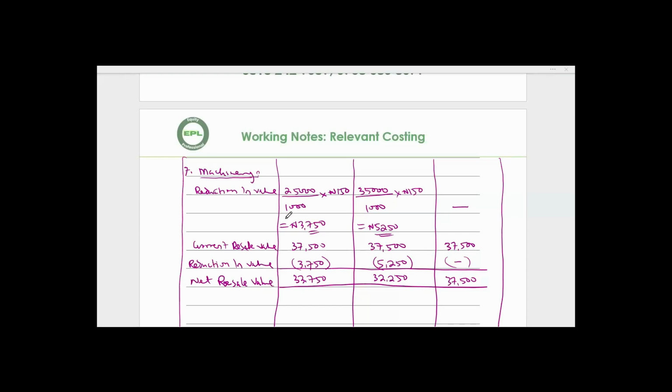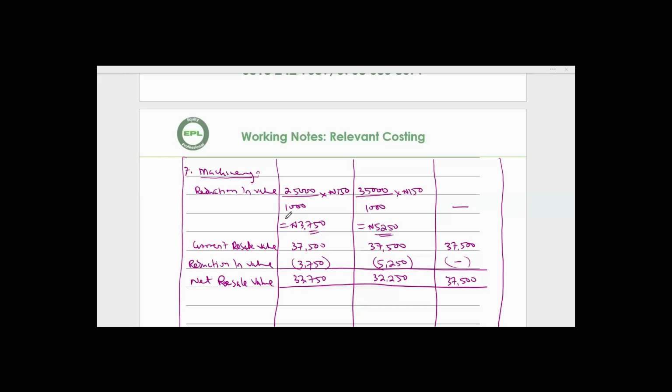You are now told that included in the fixed production overhead is the salary of factory manager, which amounts to 30,000 naira. See, irrespective of the activity level, irrespective of whether the company produced 25,000 units or 35,000 units, the factory manager's salary will be paid.